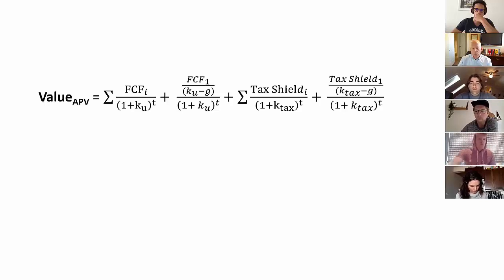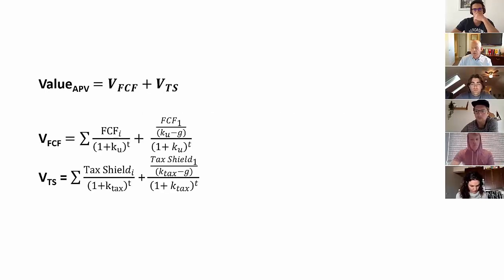But this equation, if you break it into its two separable parts, is exactly the equational form you would expect to see. We could state this even more simply, or maybe not simply, in a form you've already seen it stated in before, and that's the present value of the discounted cash flows using free cash flow plus the present value of the continuing value using free cash flow plus the present value of the tax shields plus the present value of the continuing value using the tax shields.